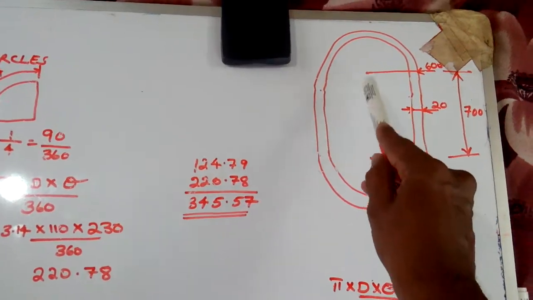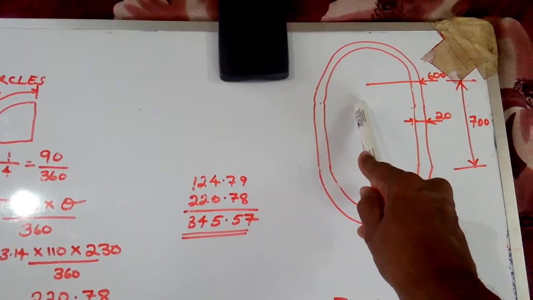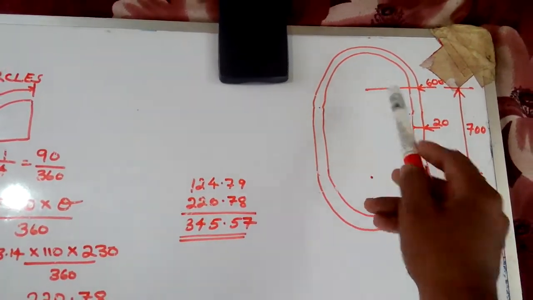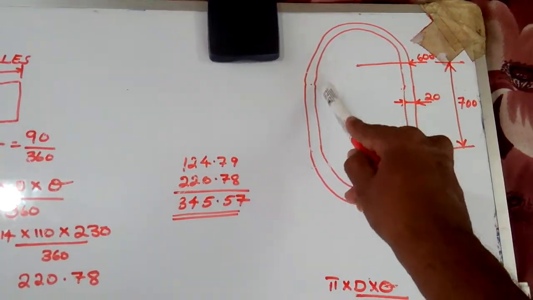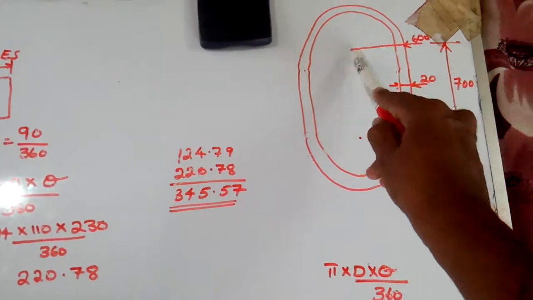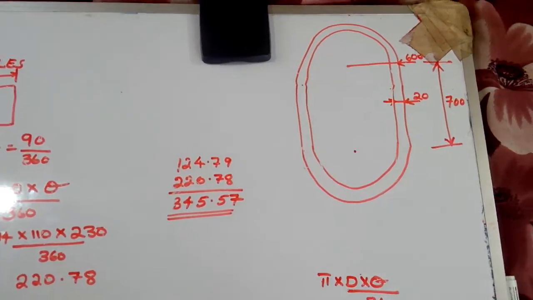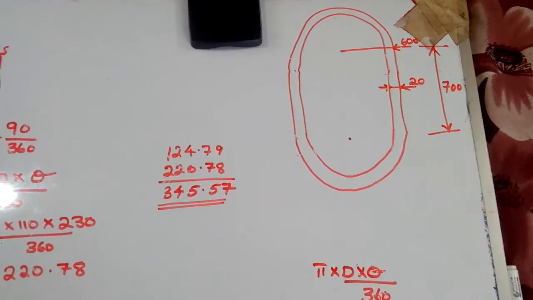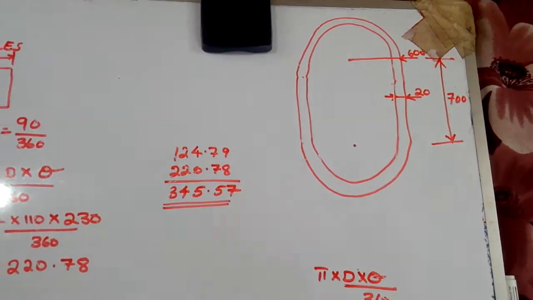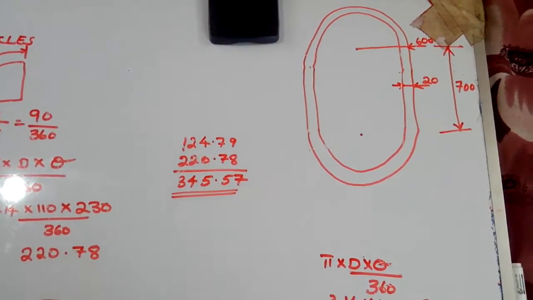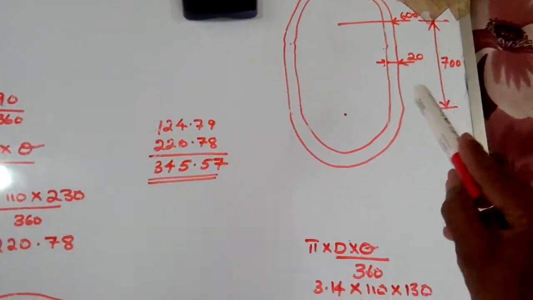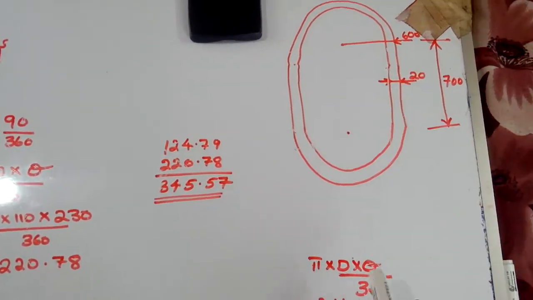Its radius is 600. You just check from where to where: from center to outside, because the point starts from outside. So the outside radius is 600. Always remember. And its thickness is 20 mm.